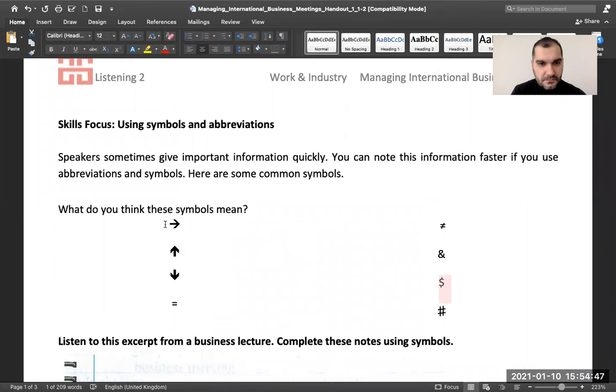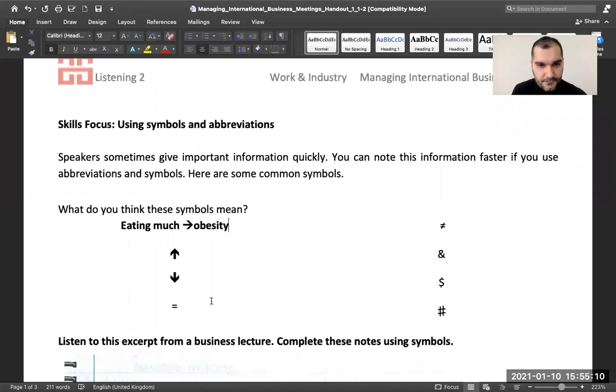Let's say while listening, you may hear, for example, eating much causes obesity. So instead of causes or results in or leads to, you may use this symbol.